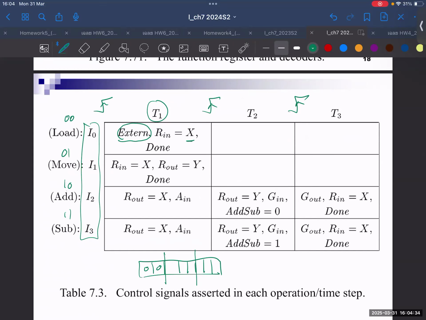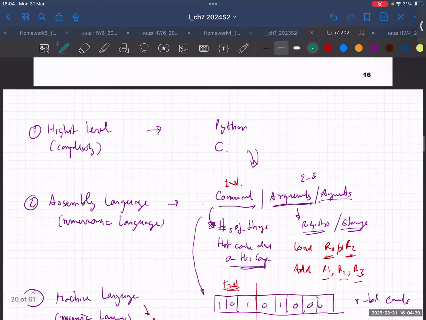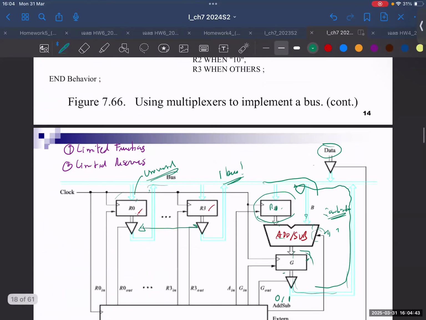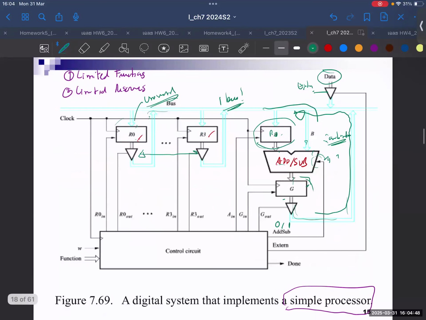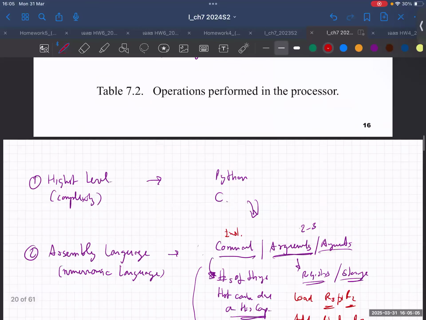So you can just complete it in 1 cycle, right? That means you activate the external here. That's external control. So you activate this, so you let the data from outside get in, right? And it goes to every place on the bus. Okay. For example, if you want to store in R0, you just set this argument to be 000.